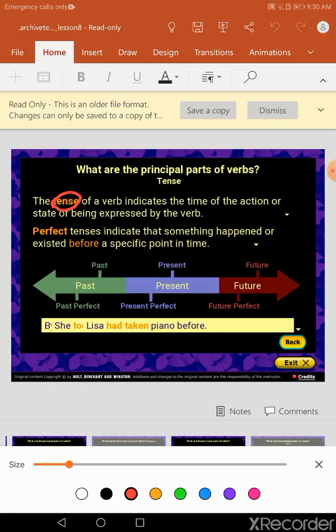If you're describing something that's happening at the moment you're talking, you use the present progressive, which is am, is, are plus verb plus ing. So they are playing now. The present perfect describes an action that has already finished, maybe something you just finished, or something that happened but you don't know exactly when.